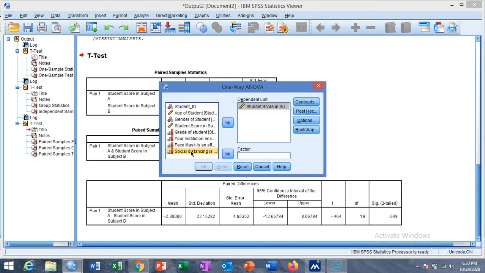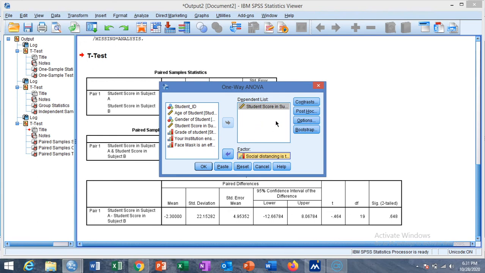Although this variable is not logical to keep as a factor here, to see the conduct of the test I just assume this is a factor. There are five groups in this factor, and we want to see whether there is a difference between the means of the five groups in student score.